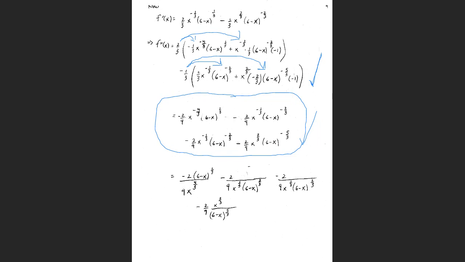Nicholas, you're right, I want to get to a common denominator, but I want to rewrite this second derivative so that the exponents are all positive. That's right, John. Same thing I did in the last problem, right? Let me just see here. Did I do that in the last problem?